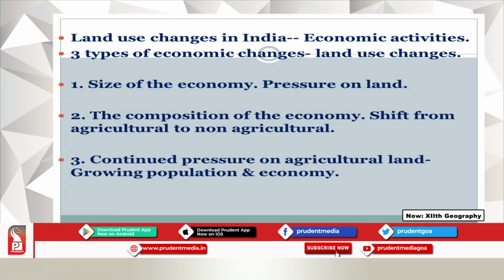The first one is that the size of the economy is changing, which has created pressure on agricultural land. The composition of the economy is changing, shifting from agriculture to non-agricultural areas.